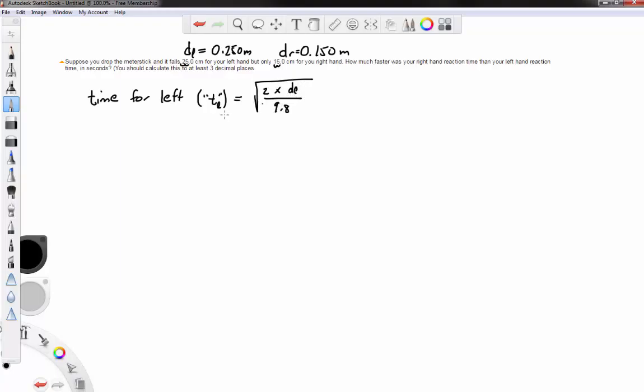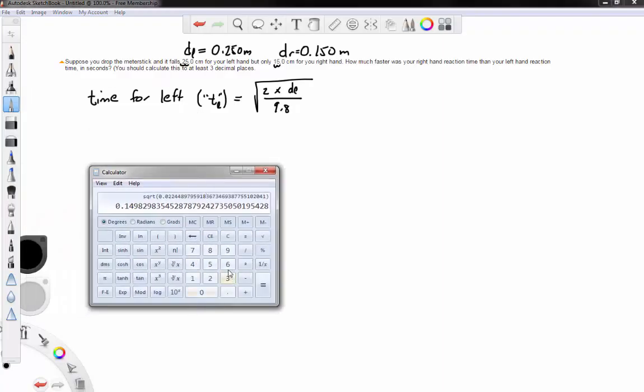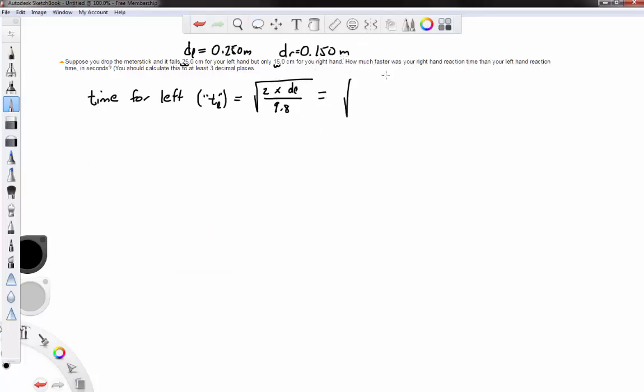And again, this is in meters, and this will be in seconds. So pull up the calculator. The order that we need to do this in, I should probably put the numbers in so that you see it again here. It's 2 times 0.250 meters divided by 9.8 meters per second squared.